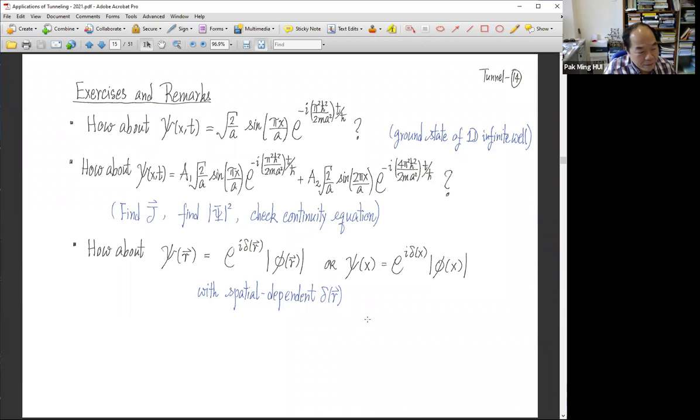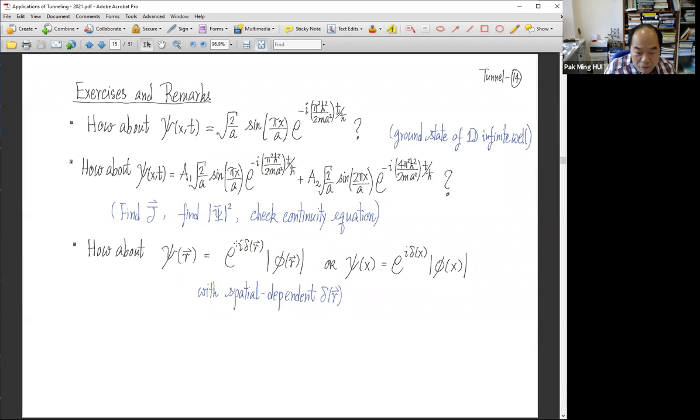Worth trying. But even more interesting, how about this? I have a wave function. This version is 3D. This version is 1D. I have a wave function. It is complex in general. Therefore, I can always write it as a magnitude times the e to the i phase, delta of r.